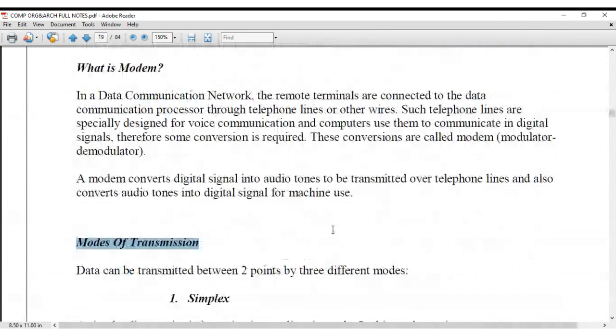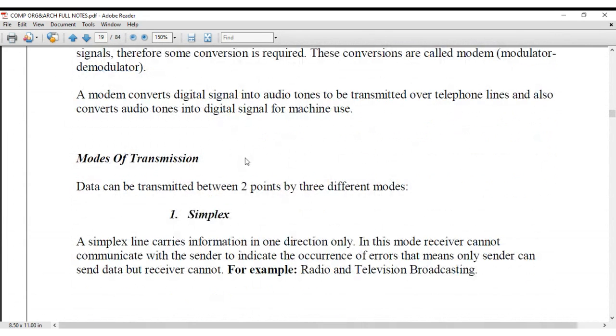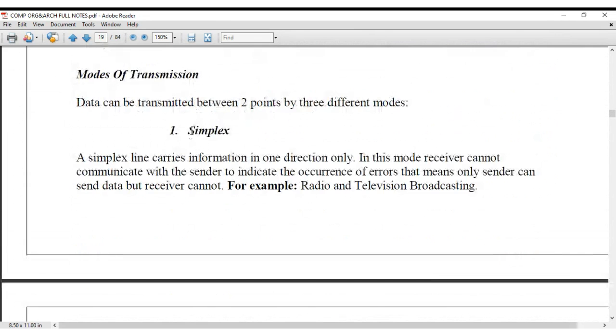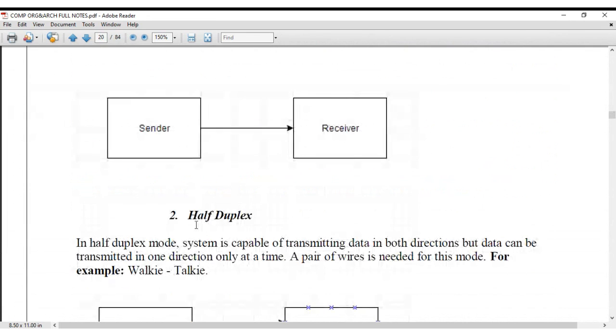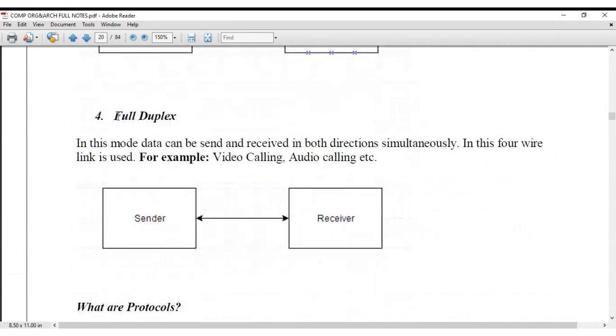If you're using a modem or any other device for internet access, how does transmission happen? Now there are three modes of transmission. Transmission can either happen as simplex, half duplex, or full duplex.